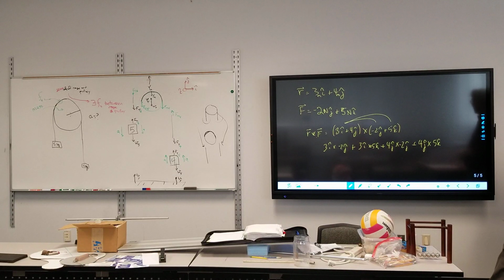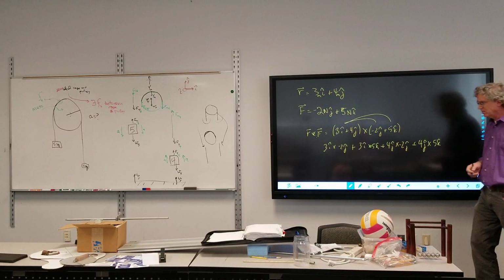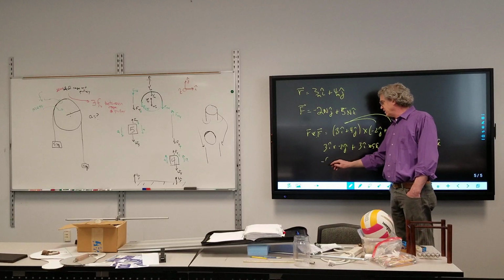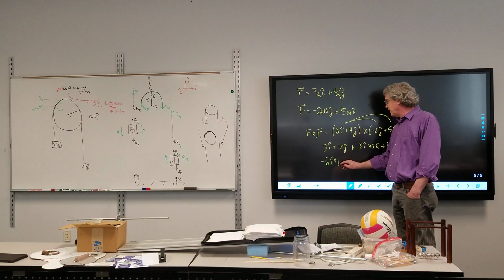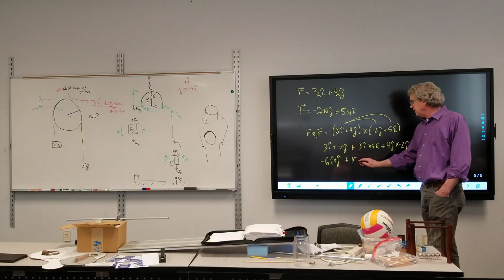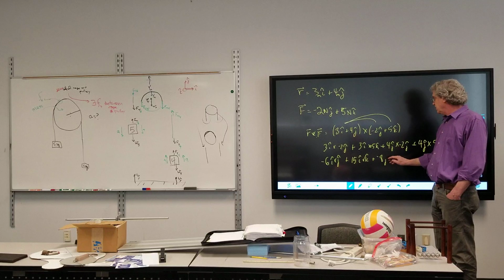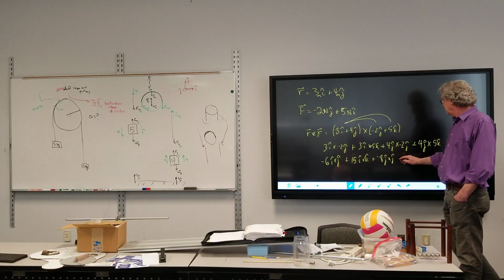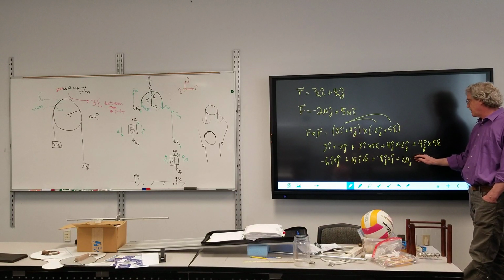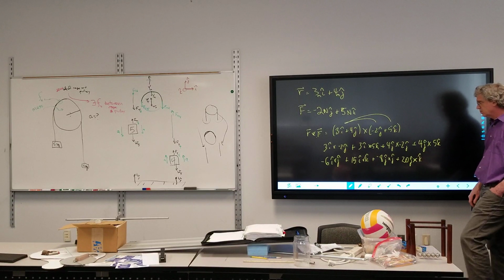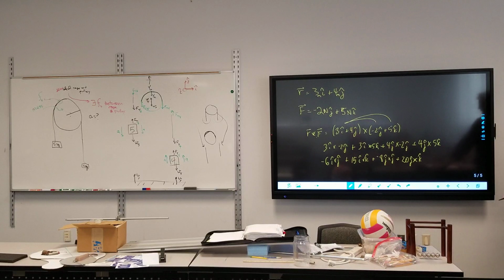So I know the magnitude of each of these is just going to be the magnitude of the coefficients there, unless the whole thing is 0. So this will be -6 I hat cross J hat plus 15 I hat cross K hat plus -8 J hat cross J hat plus 20 J hat cross K hat. All you have to do now is figure out what I cross J, I cross K, J cross J, and J cross K are.